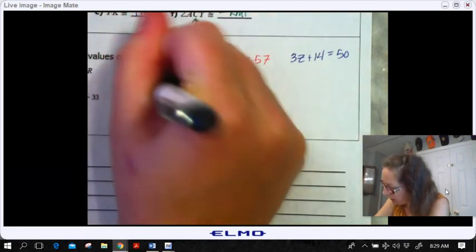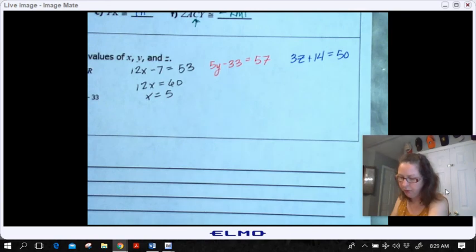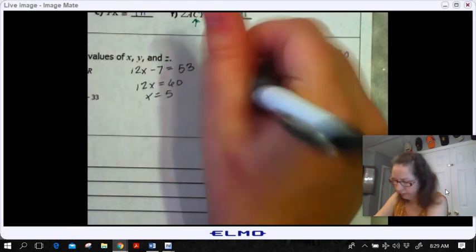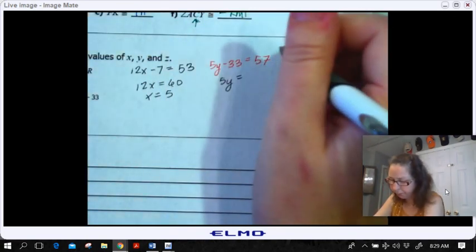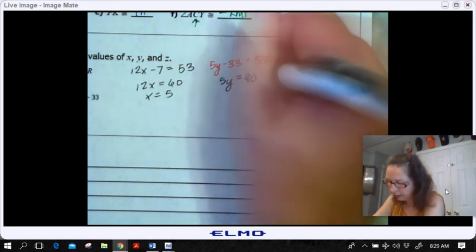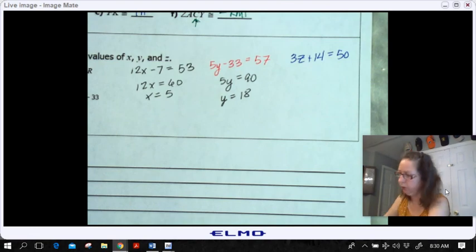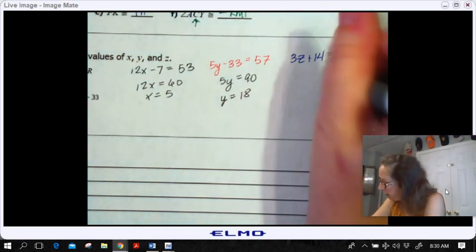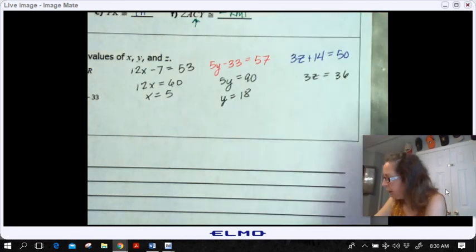So 12x equals 60, x equals 5. Add 33 to the other side. I get 5y equals 90, and so y equals 18. And then let's subtract 14, and then divide by 3.